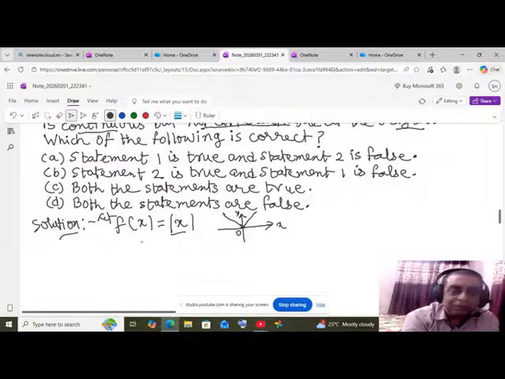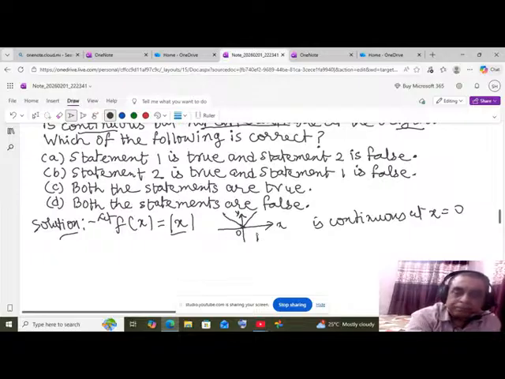So the function is continuous at the origin, at x equals 0, but not differentiable at x equals 0.